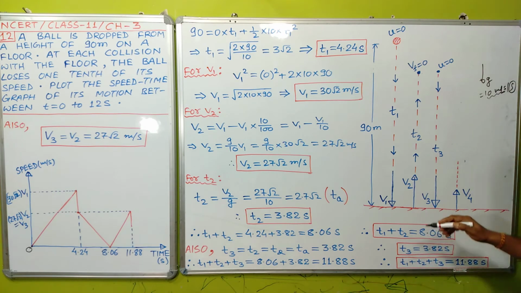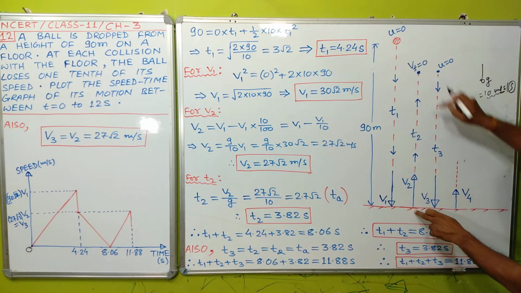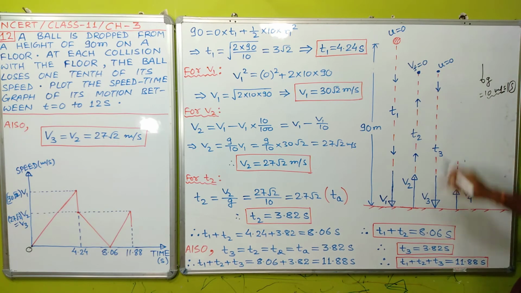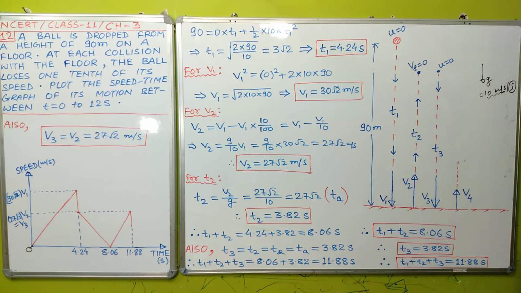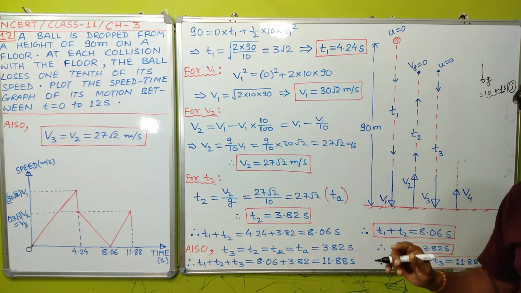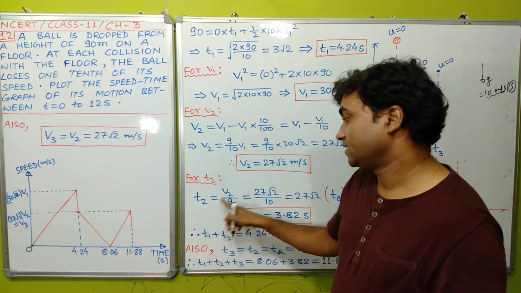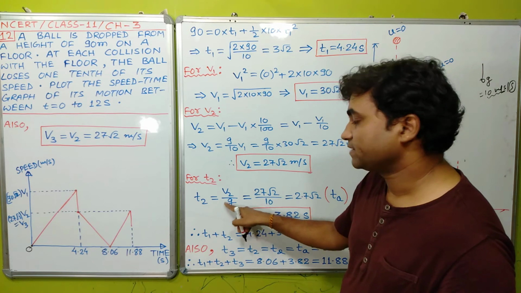Okay, now again, if t2 is the time taken from this point to come to maximum height, then you can again find this time taken t2. T2 is in fact the time taken by the body, when projected with a speed v2, to go to its maximum height, and this time is called time of ascent, which you can directly calculate by using this relation: time of ascent equals speed of projection divided by g.